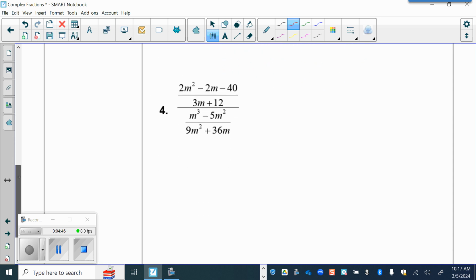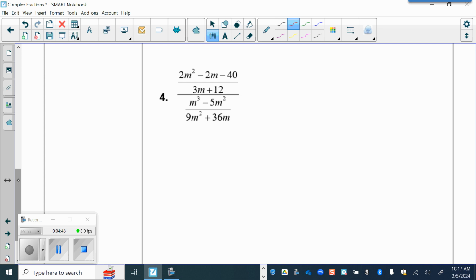Okay, single fraction over single fraction. So I can keep, change, flip. 2m squared minus 2m minus 40 over 3m plus 12. Division becomes multiplication. Flip.